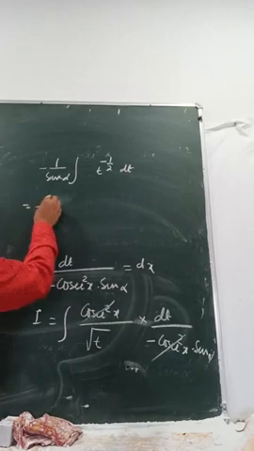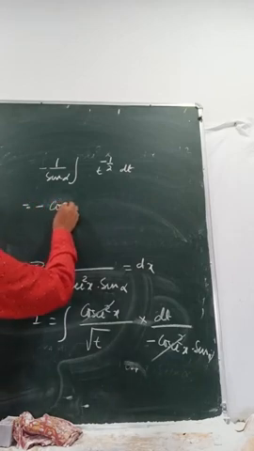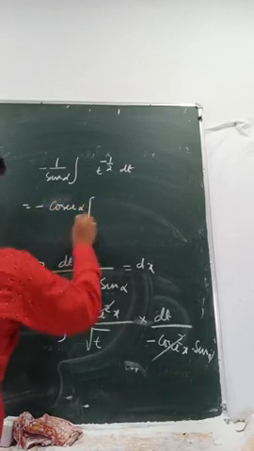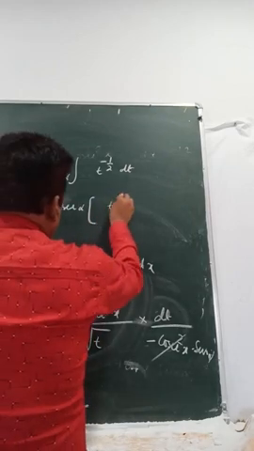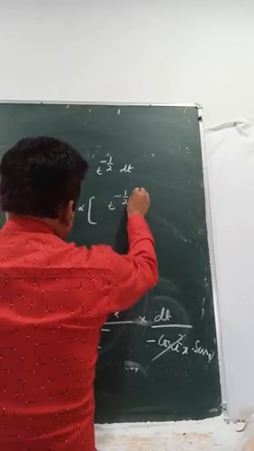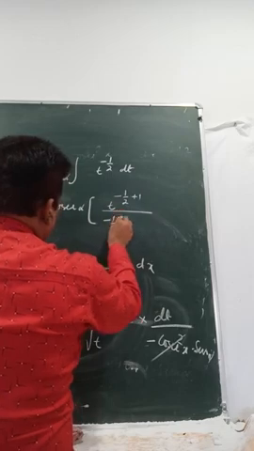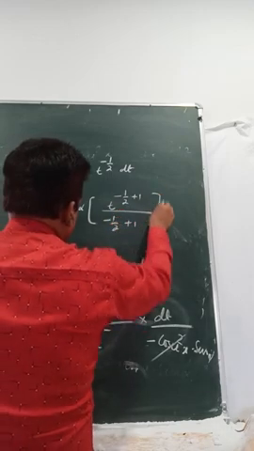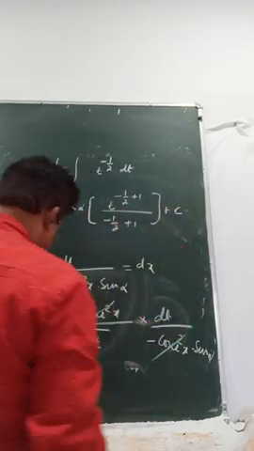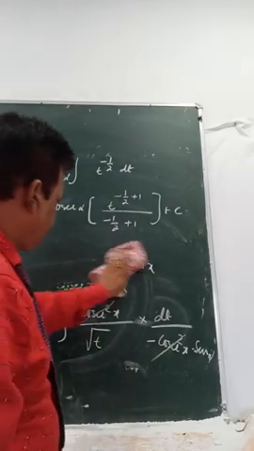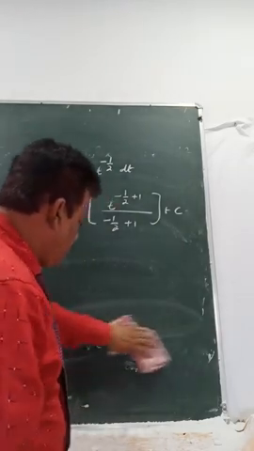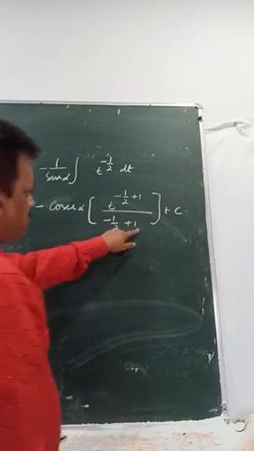So minus cosec alpha, this is t to the power minus half plus 1 by minus half plus 1, plus a constant c. Okay, so minus half plus 1 is half.